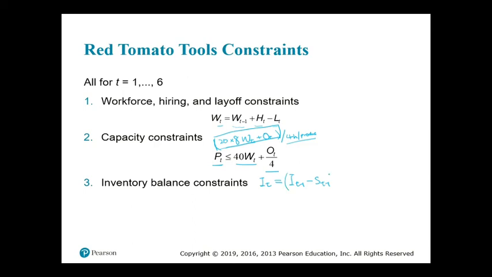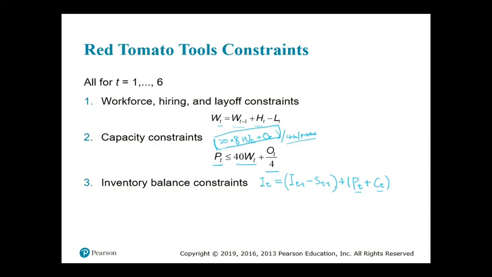So this term is actually the net inventory from the previous period, right? If one of these should be 0, and then plus the extra that's produced during month T, which is P_T plus C_T. So this is the amount produced in-house, and this is the amount produced from the subcontractor.